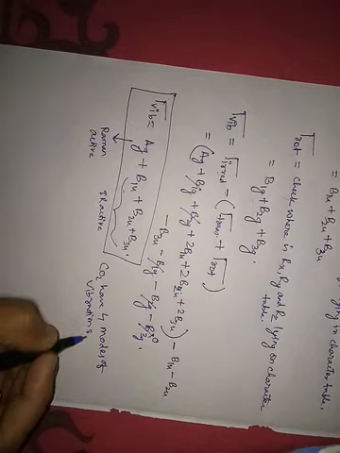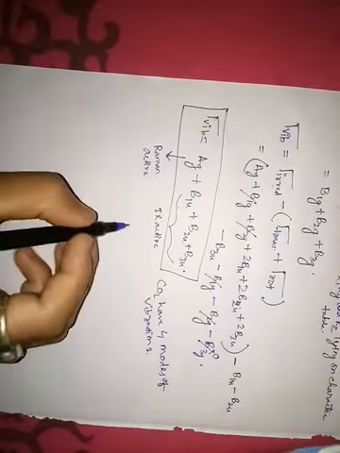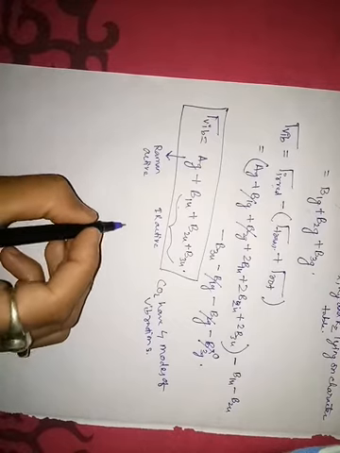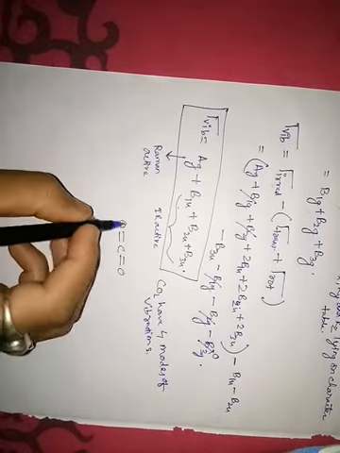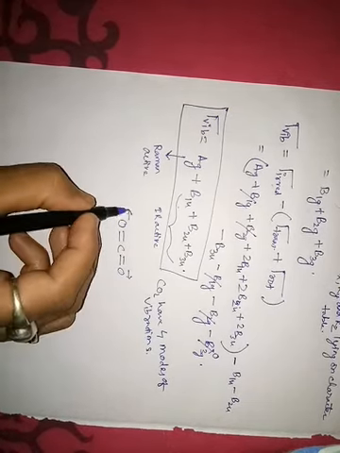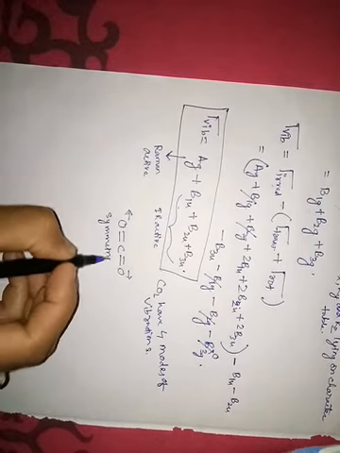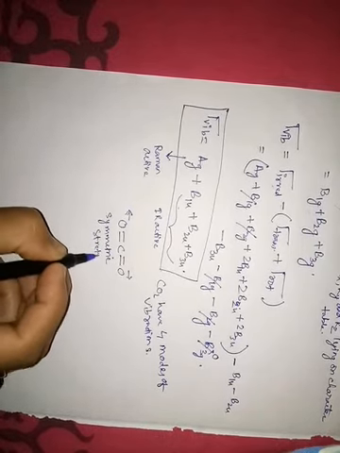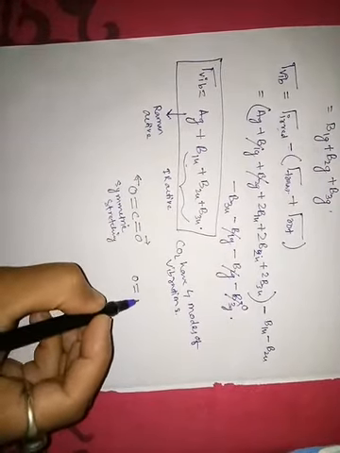As we know, the 4 modes of vibration of carbon dioxide are: one is stretching vibration, which is symmetric stretching. Also it has asymmetric stretching.